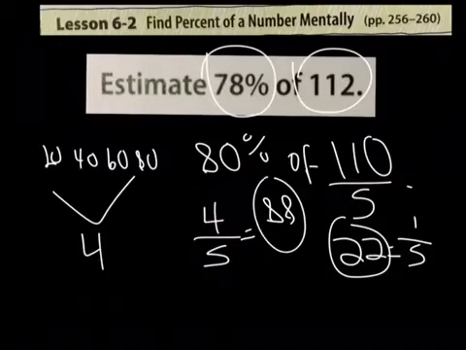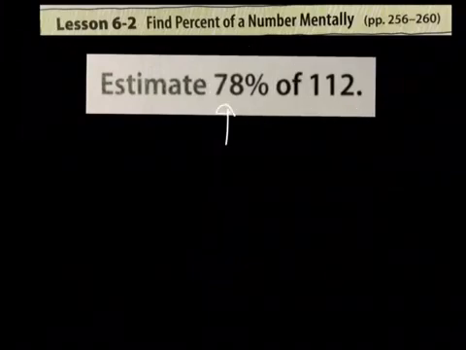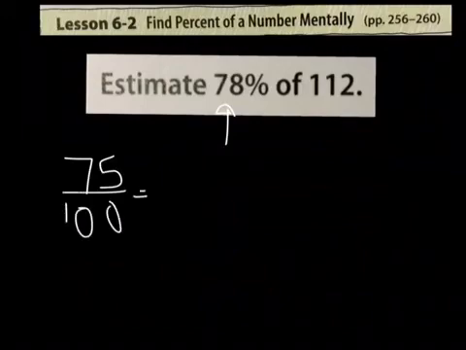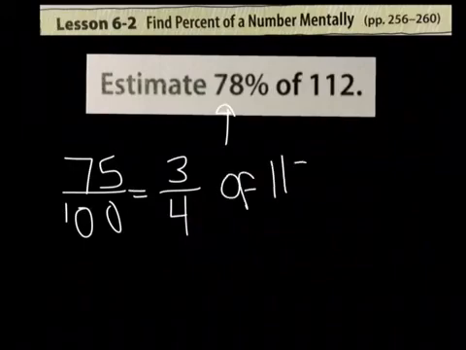That's one way to do it. Some of you might take this number, instead of rounding up to 80, you might round down to 75. 75%, right? Which is the same as 3/4, 3 out of 4. And now you'll take your 3/4 of 112, and you know that 112 is divisible by 4.